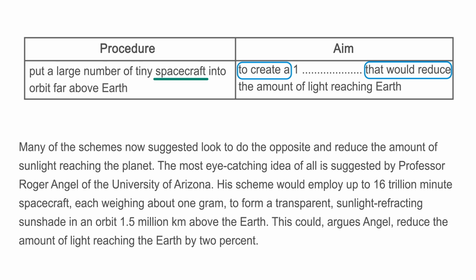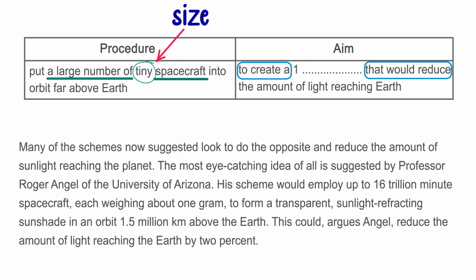So in number 1, because we do not have very easy keywords, we have just to stick to the keywords that we have here. Put a large number of. So a large number of can be a keyword here. Tiny is important because when we are involved with measurement, with the size of something, finding the size of something in the text would be a little bit easy for us.